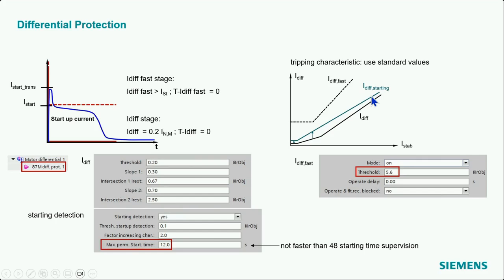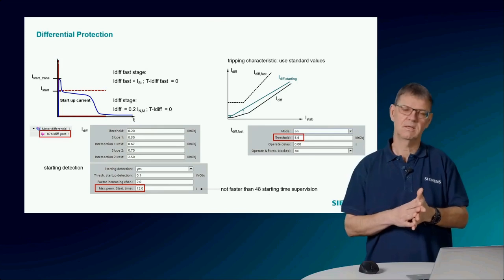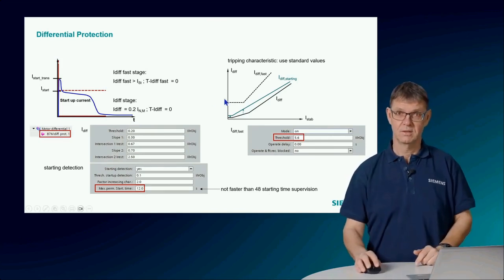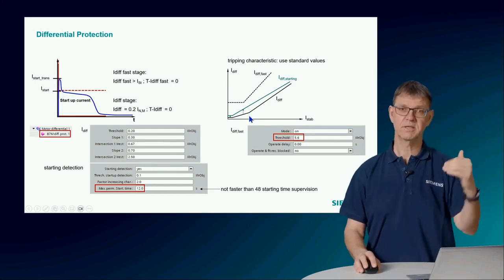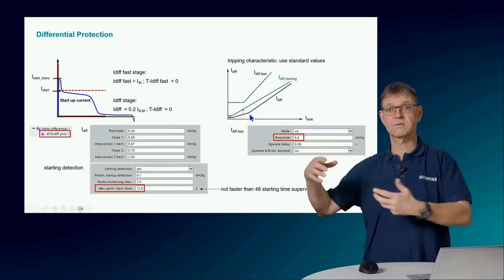And now the question is, what happens if I have a heavy start situation because, for example, the voltage is quite low during the start, so we know the torque drops down and I have a longer start. In that case, I personally would think about not releasing the tripping characteristic to the sensitive stage if the motor is still in the startup phase.